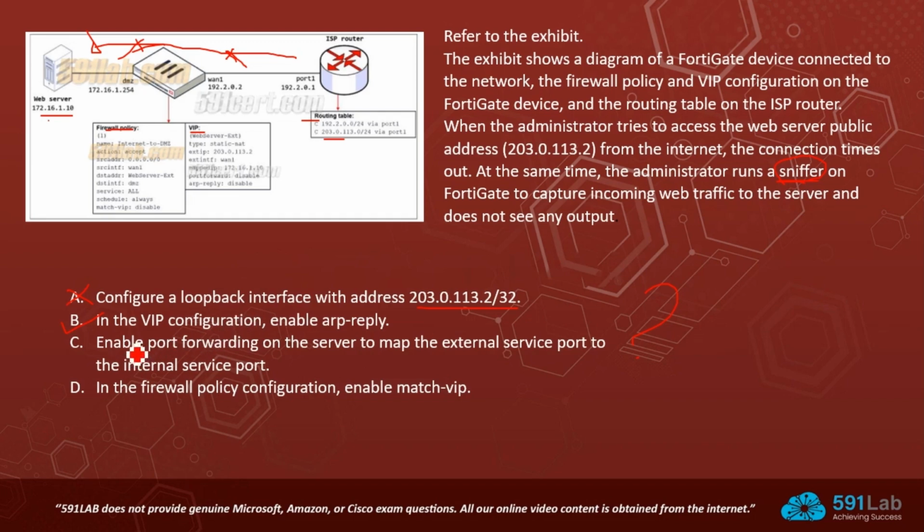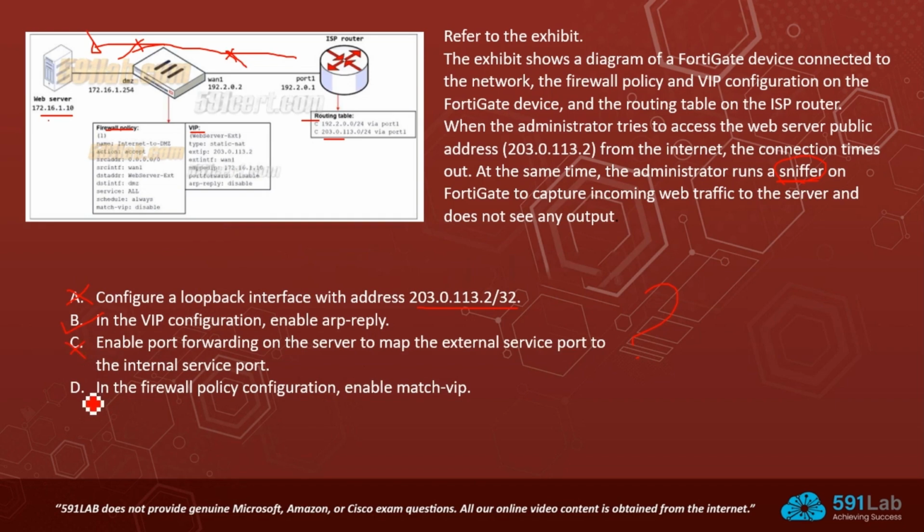Let's go to answer C. Enable port forwarding on the server to map external service port on the external service port. This is already configured. You can see it in the VIP configuration and the firewall policy. So answer C is incorrect.